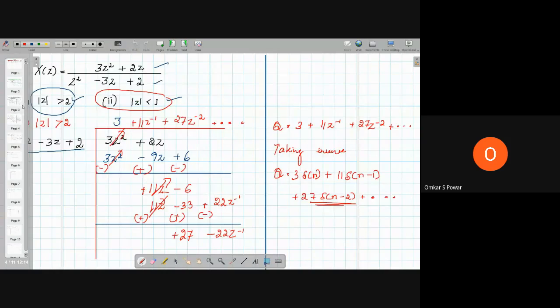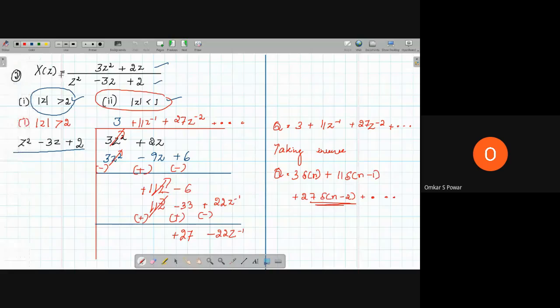Okay, so it's easy. So given the sum X of z is equal to 3z square plus 2z divided by z square minus 3z plus 2. So for the first condition, for mod z greater than 2, we have to write as it is, divide the numerator by denominator, and take the z inverse of your quotient. Make sure at least three terms should be present in your quotient, so that we'll get enough terms to express our inverse z transform.